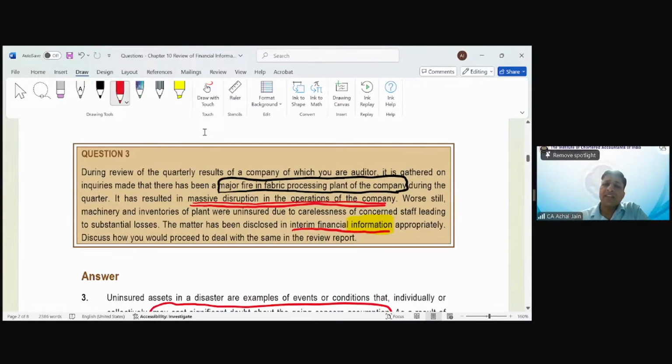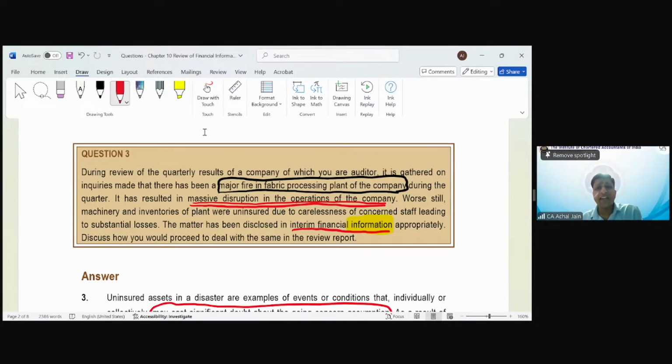I think you need to draw the inference from what we discussed in the going concern auditing standard. First, you would say that the going concern assumption is inappropriate. The moment you say that, the financial information should be prepared on a realizable value or liquidation basis.